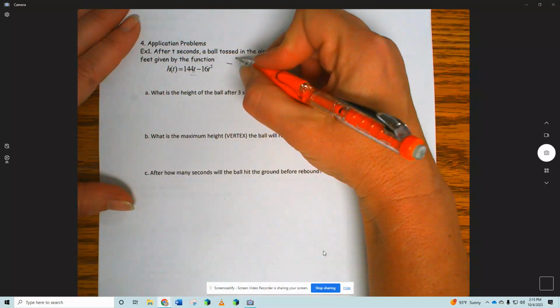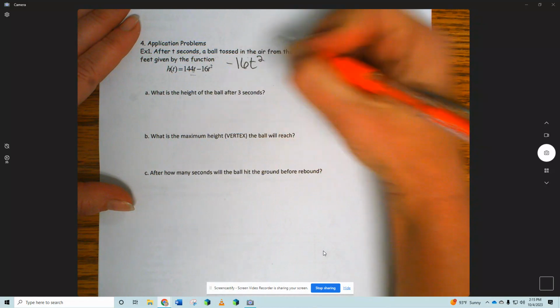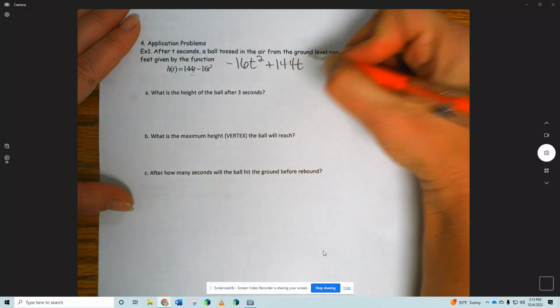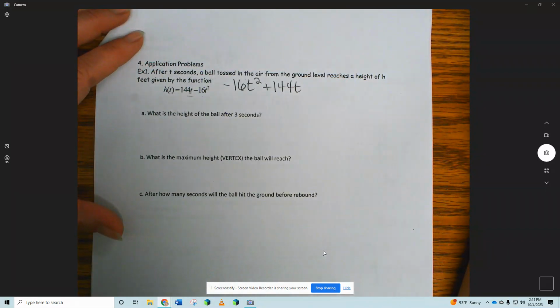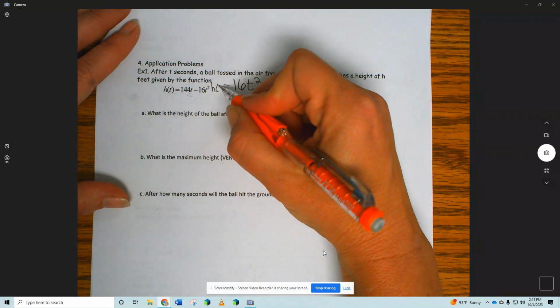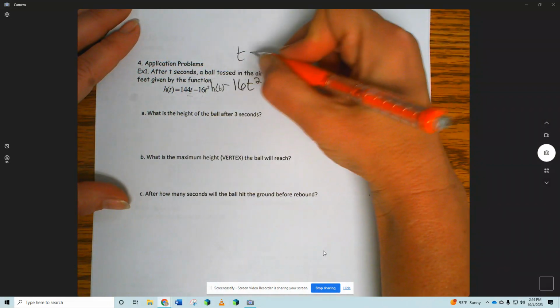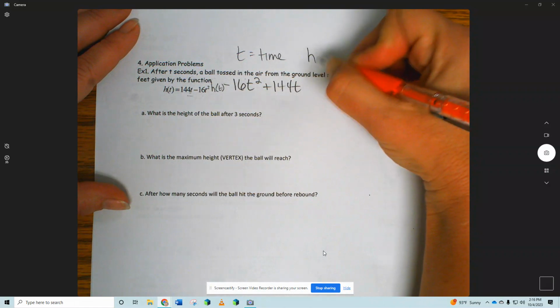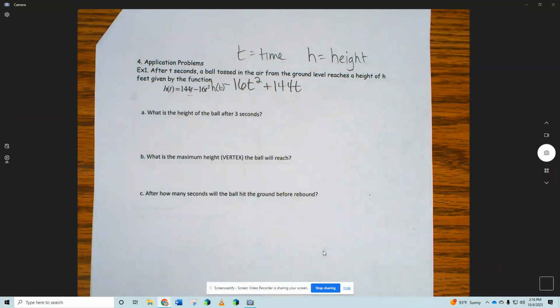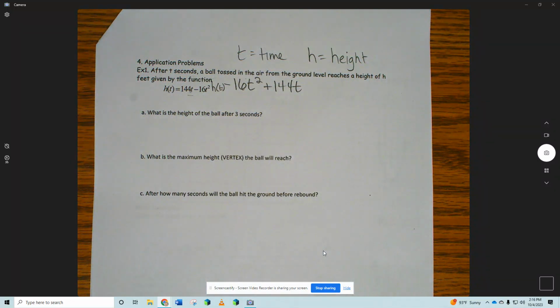You need to please write it so that the t squared is first, and then the 144t is next. H of t. T equals time. H equals height.